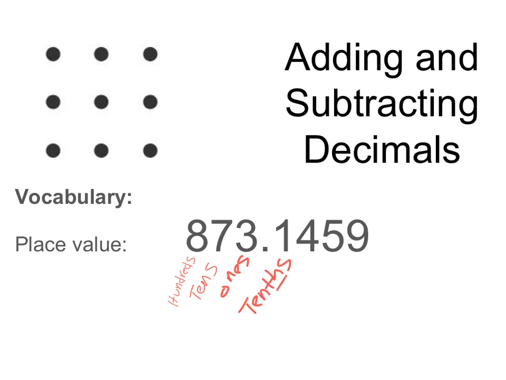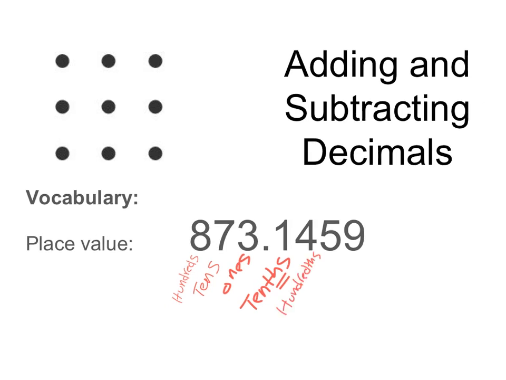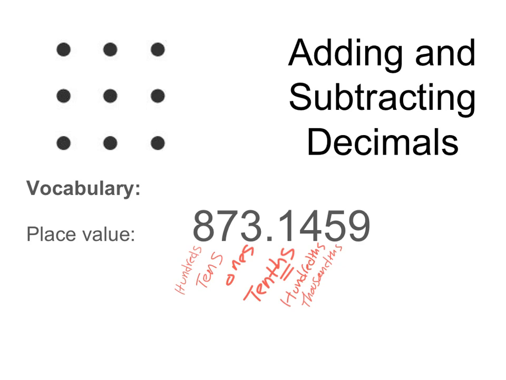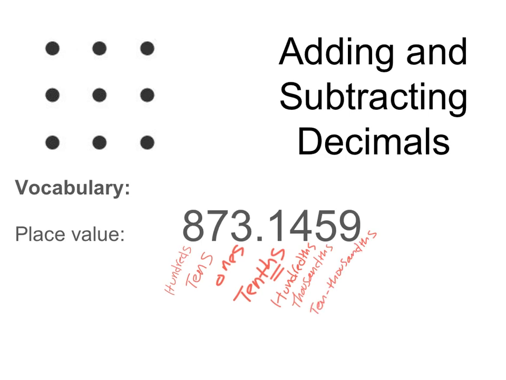So that's where that THS comes in, indicating that it's the decimal part. And then the 4 is in the hundredths place, and the 5 is in the thousandths place, which would mean the 9 is in the 10,000ths place.